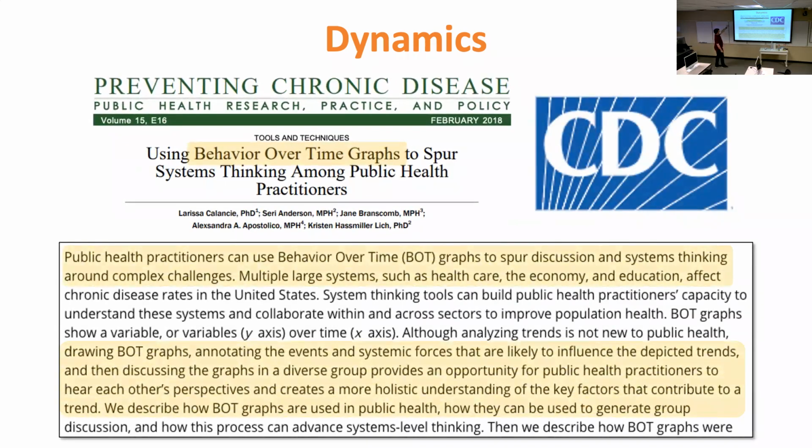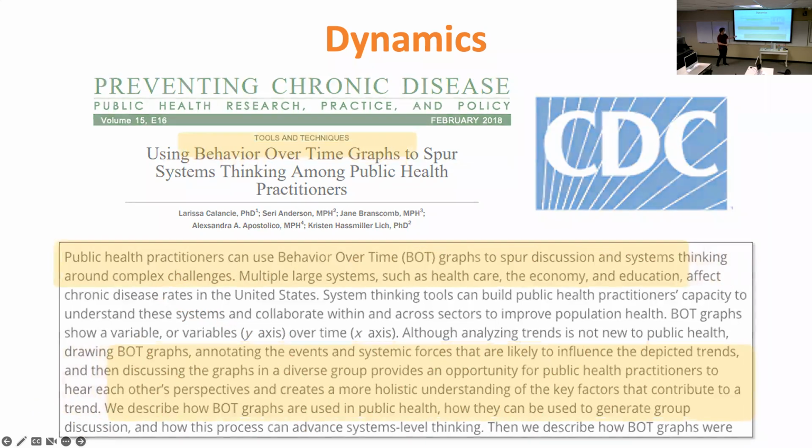And in this paper where they're calling on people, this isn't that old of a paper actually, it's 2018 in Public Health. They're saying here that public health practitioners can use BOT graphs to spur discussion and systems thinking around complex challenges. They talk here that by drawing them and annotating events and systemic forces that are likely to influence them, it allows them to create a more holistic understanding of key factors that contribute to a trend.